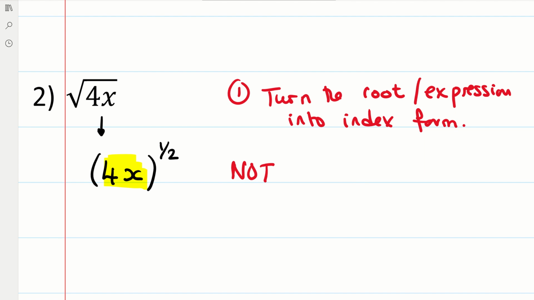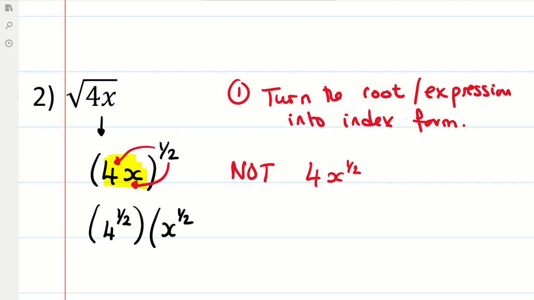So if I put that all in red, 4. And what you need to do is apply that power to both parts. So it's the square root of 4, it's 4 to the power of a half, times x to the power of a half, which is 2x to the power of a half.